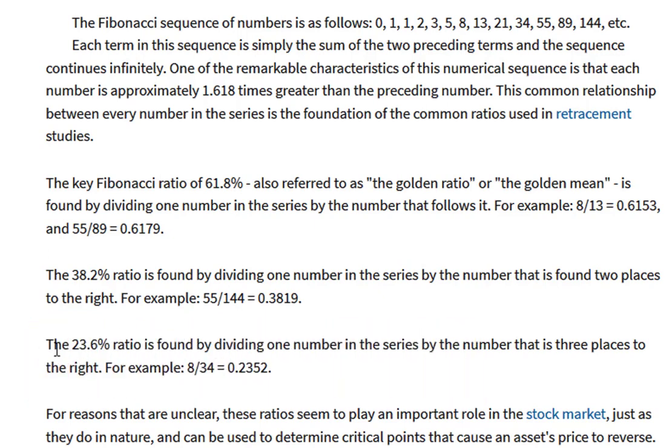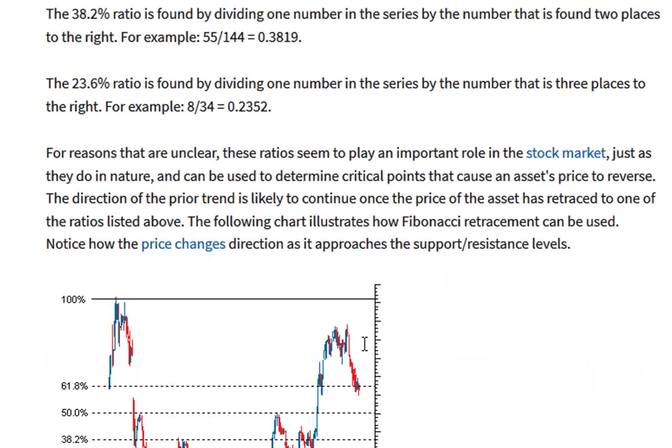And 23.6 comes from dividing by the number three places to the right. If I take 5 as an example and divide it by 21, then we get 23.6 as the ratio. So this is the way Fibonacci retracements are created.